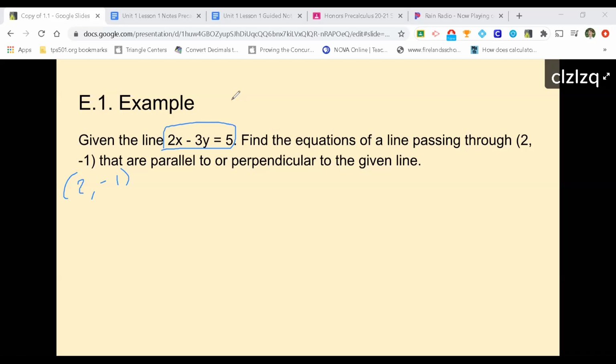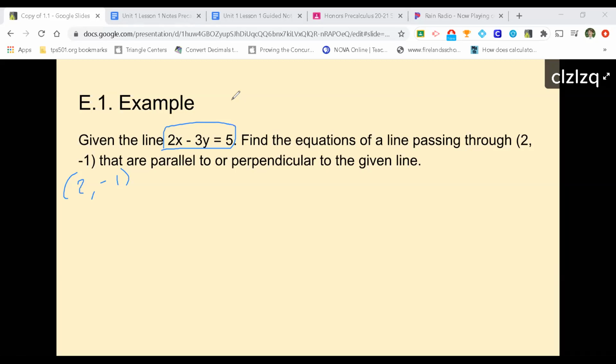So I need to find all the equations that are parallel to this line, and all the equations that are perpendicular to it. That is not a well-written prompt. There's an infinite number. No, there's not. There's only 2 because it's through the point. Never mind, Mr. Lake, I take back my criticism. Good job. This is a well-written prompt.